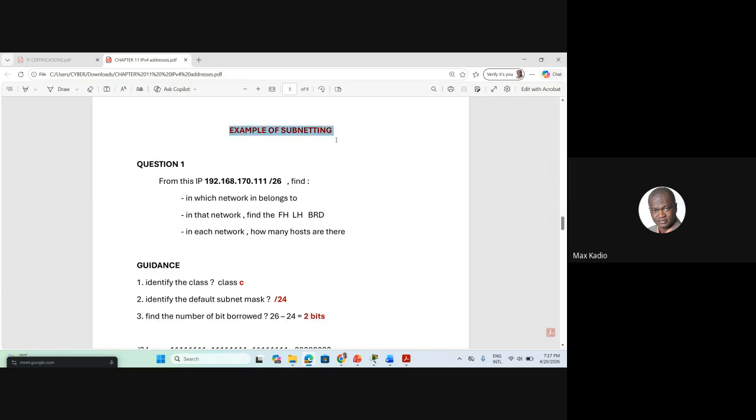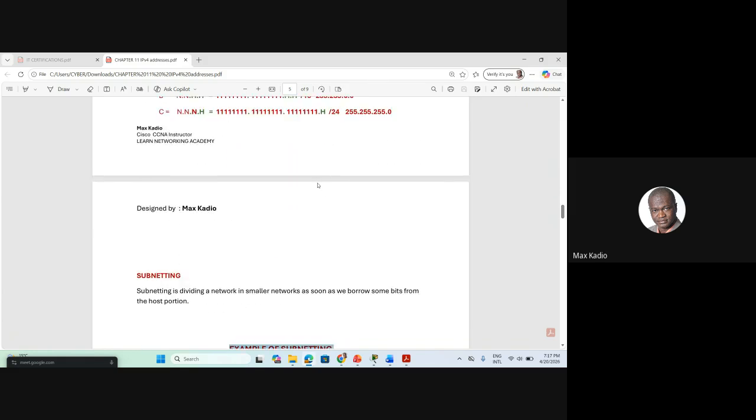Subnetting is, what, I have a big room. If I have a big room and I don't divide, it's called the default subnet mask. So class C /24, it's a big room. And /24 means what? I have 24 ones, 8 plus 8 plus 8.